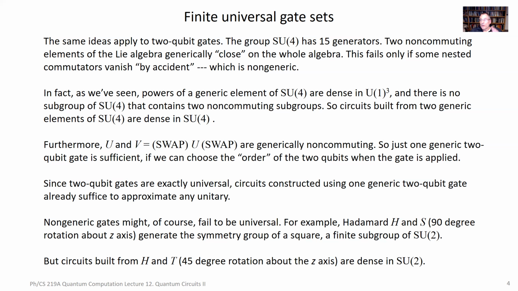It turns out that with that Hadamard and a rotation about the Z axis by 45 degrees instead of 90 degrees, there's no Platonic solid preserved by both those transformations, and that actually gives you density in SU2 if you build circuits out of those 2 non-commuting gates.